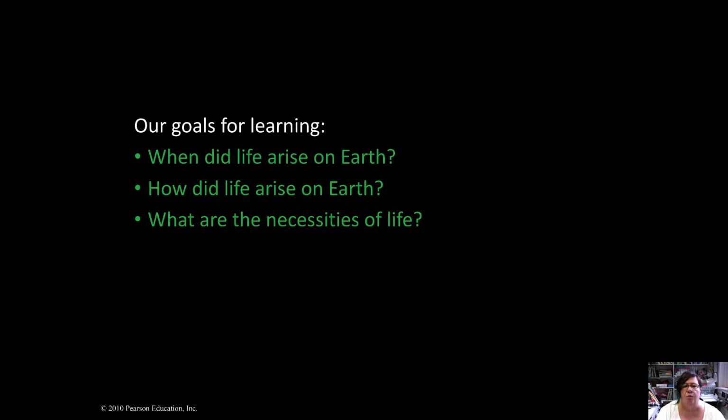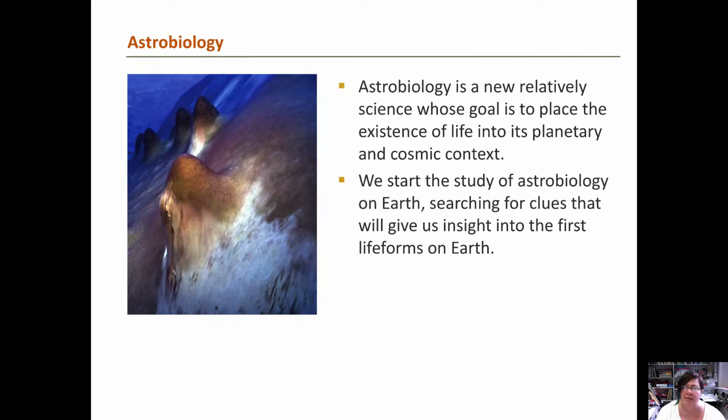And what do we want to know? Well, we want to understand when life arose on Earth, how it arose, what the necessities of life are, and all of these questions, including are we alone, are grouped into a field called astrobiology. And it's a relatively new science whose goal is to place the existence of life into this sort of planetary and cosmic context.